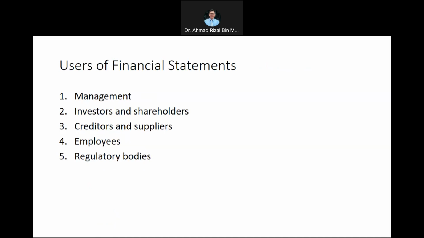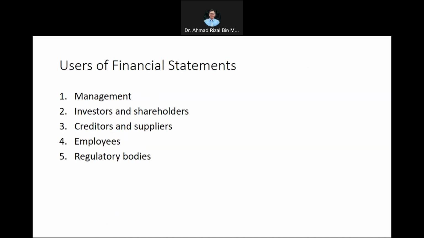Secondly, it would be the investors, even current or prospective investors, and also the shareholders. As I've mentioned in the first lecture, shareholders or investors are the owners of the company. So they need to keep track. They are very much interested in the financial statements of the company, as a benchmark of the financial performance of the company, as well as a way of looking at the future returns for their investment.